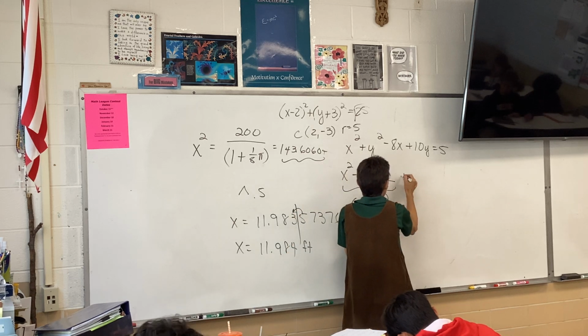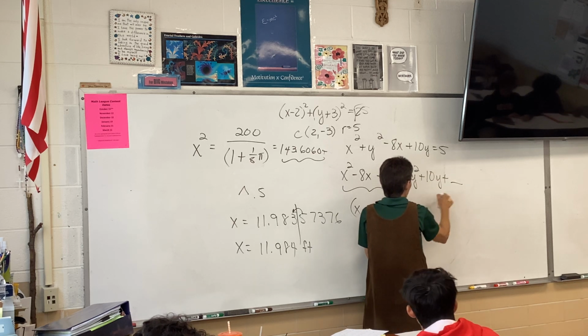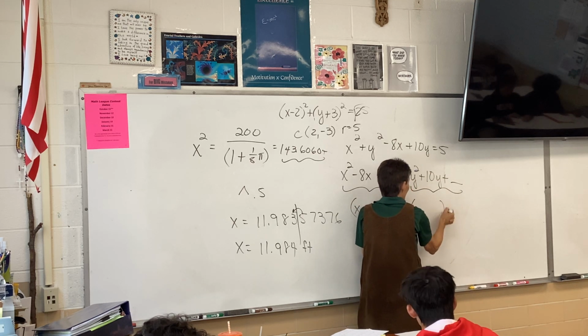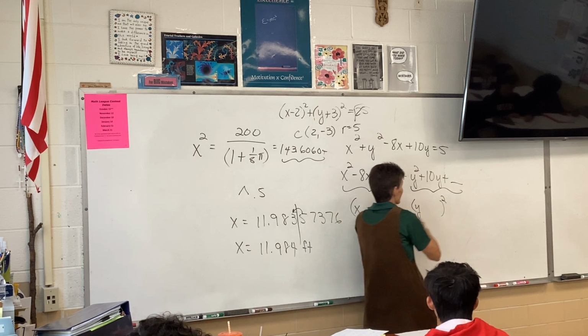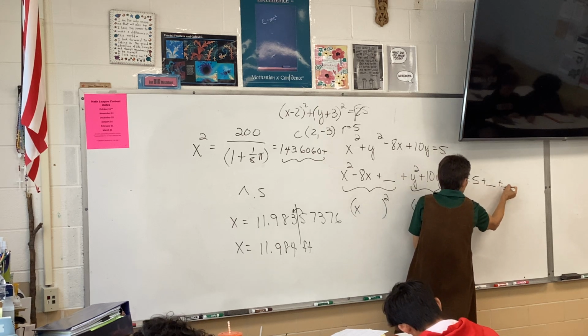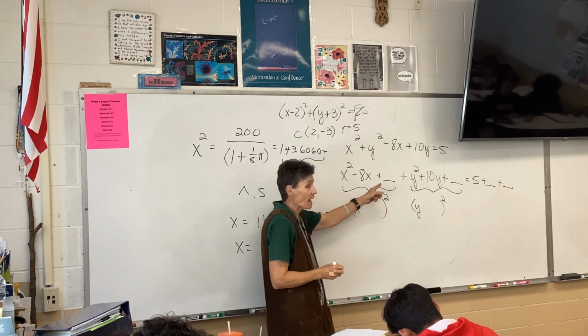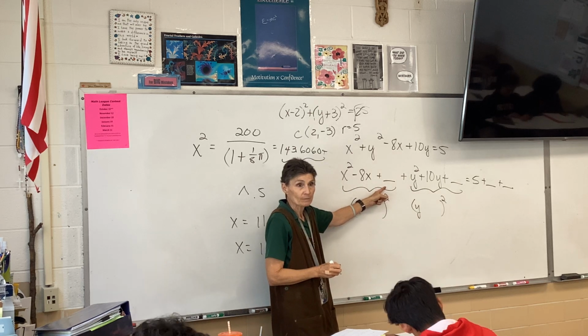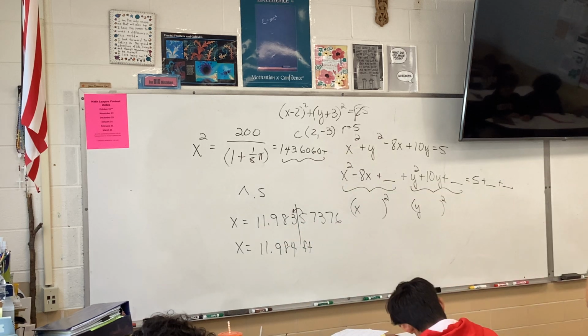And then let's group our y's together and leave a gap, because that's going to be our y parentheses. The 5 is already over there. But remember, if I fill a gap over here, I got to fill one over there. Agreed? All right, so let's talk about filling the gaps.